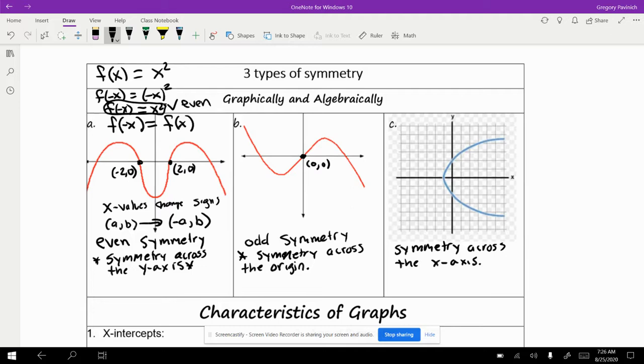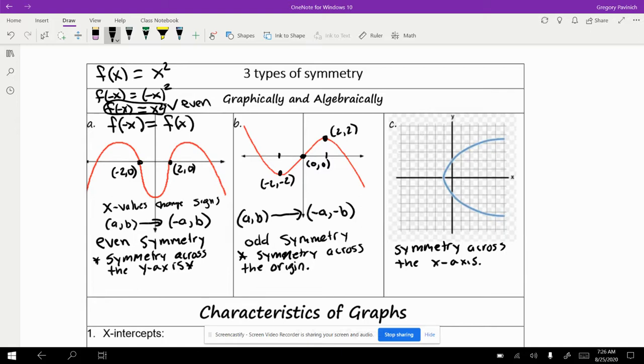Okay, an odd function, let's take a couple points here. Let's call this one 2, 2. And if this is an odd function, this point is going to be -2, -2. So if I go a comma b, then it's going to be -a comma -b.